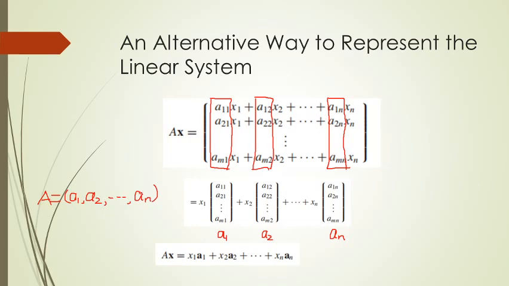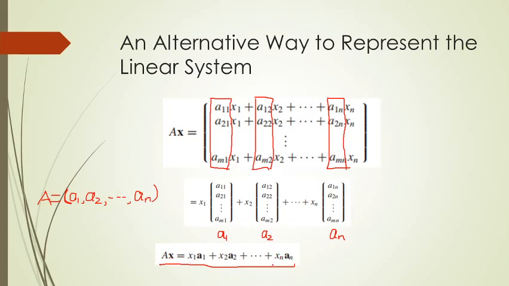If we use column vectors to represent the matrix. So A times X, which is the left part of the linear system, we can write it as x1, x2 until xn.